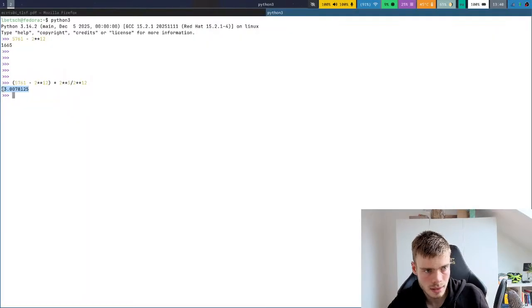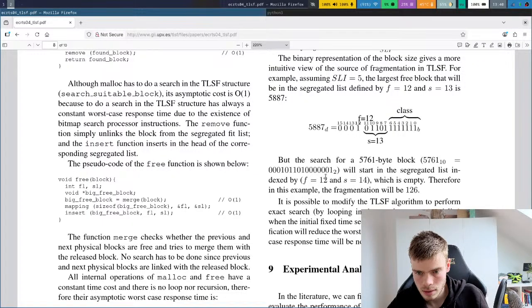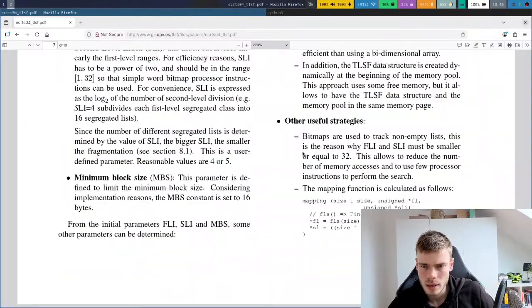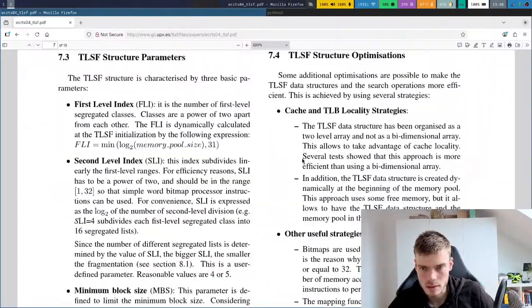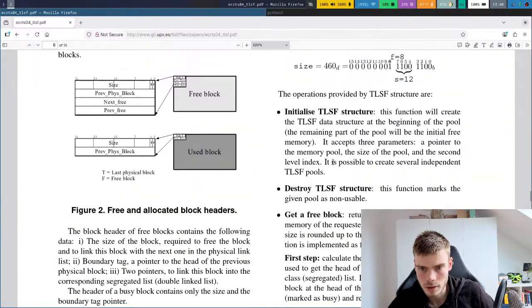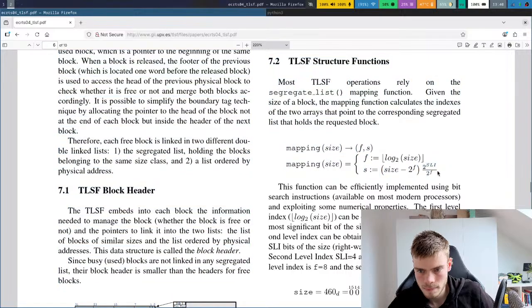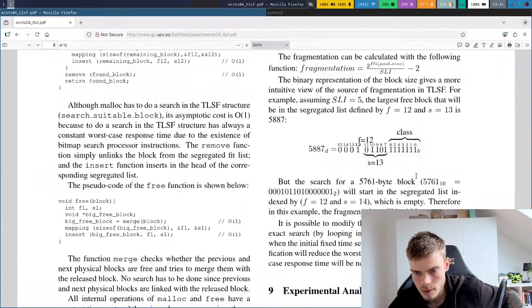What? Okay, this doesn't make any sense. Why is this? If I calculate it with their formula, I get 13. Whatever.